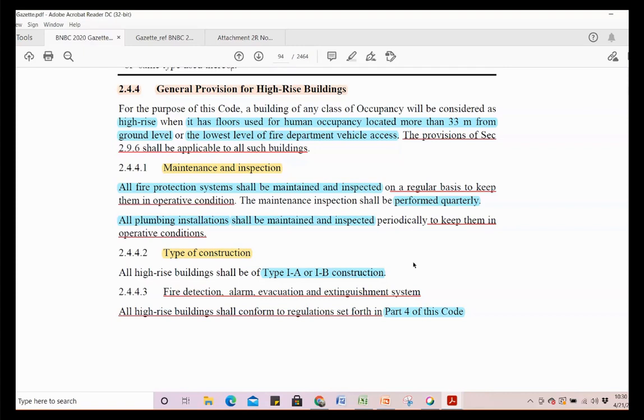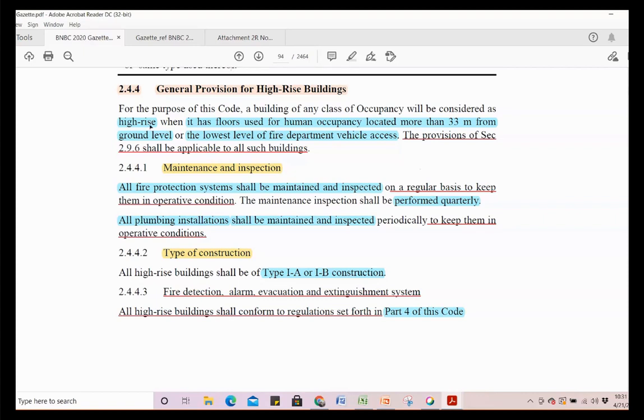Now comes the part where we are dealing with high rise. For high rise, general provisions are, first we have to define it. So it has, as you can see, two definitions here rather.